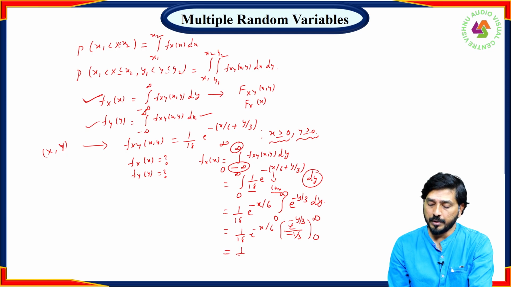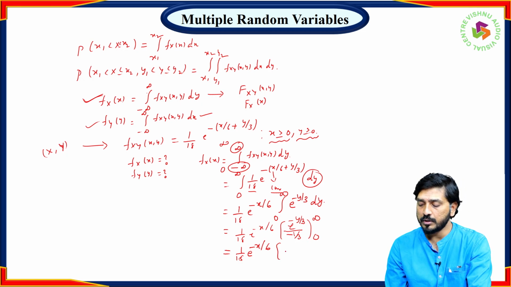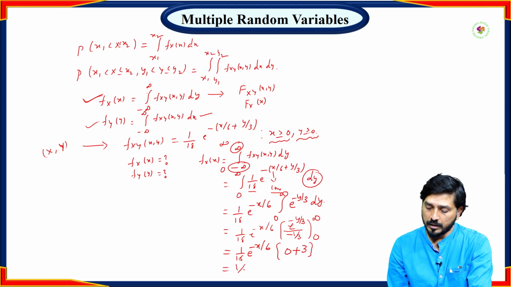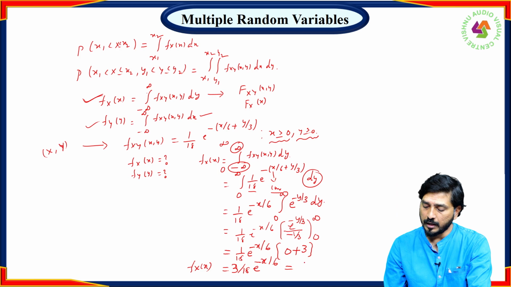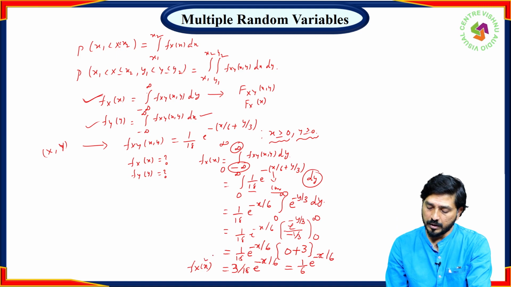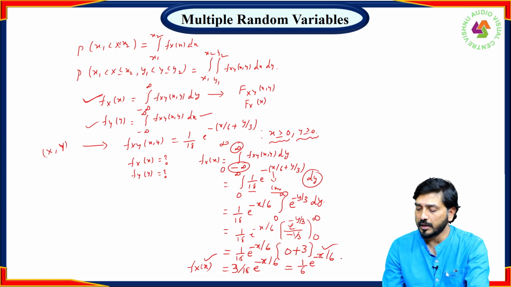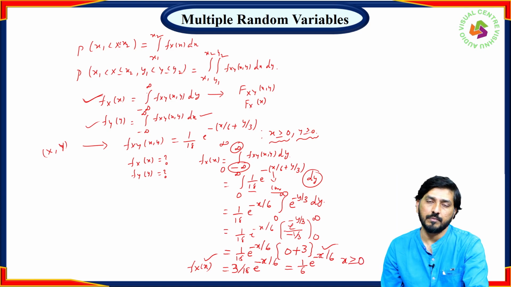If you substitute the upper limit, e to the power of minus infinity is 0, and minus into minus gives plus, and at the lower limit e^0 is 1, so the value is 3. Then finally the marginal density function fX(x) is 3/18 e^(-x/6), which you can write as 1/6 e^(-x/6). The answer is in terms of x, and this is for x greater than or equal to 0.